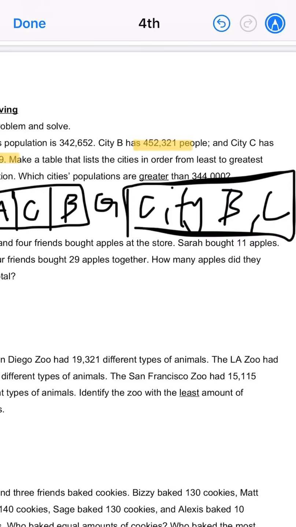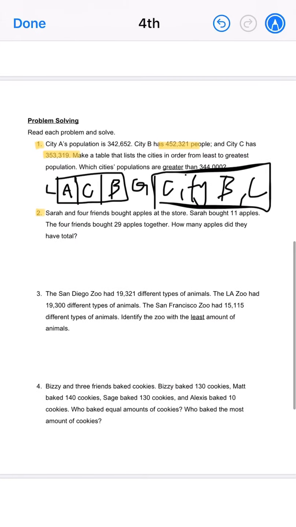Okay, now we're going to be doing number 2. Sarah and 4 friends bought apples at the store. Sarah bought 11 apples. The 4 friends bought 29 apples together. How many apples did they have total? So we're trying to find the total number of apples from Sarah and 4 friends.